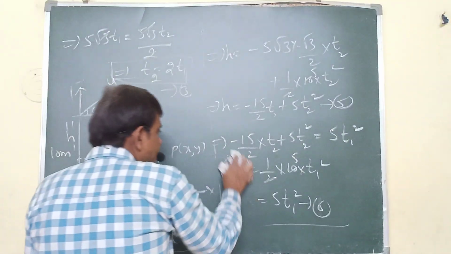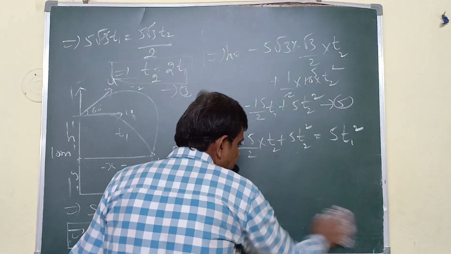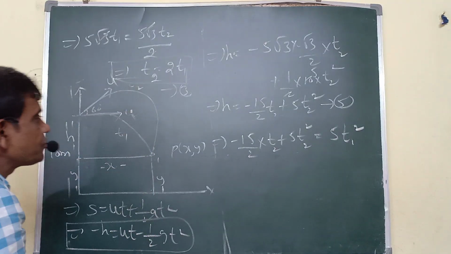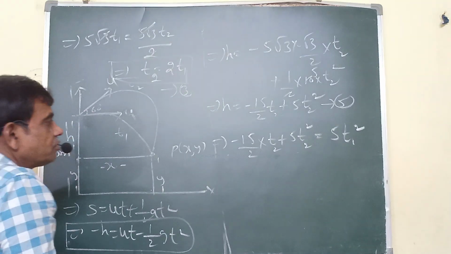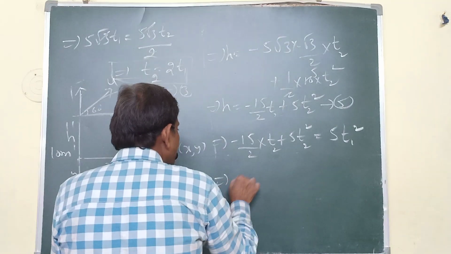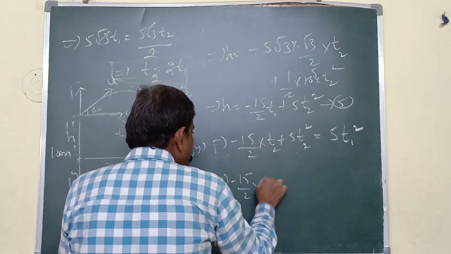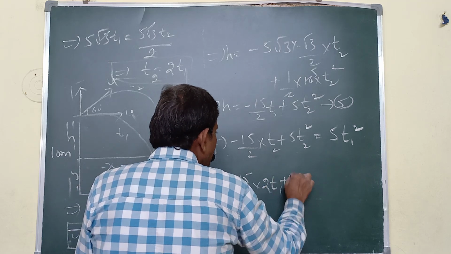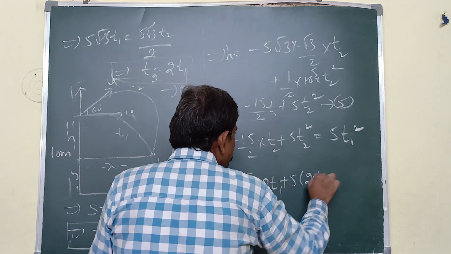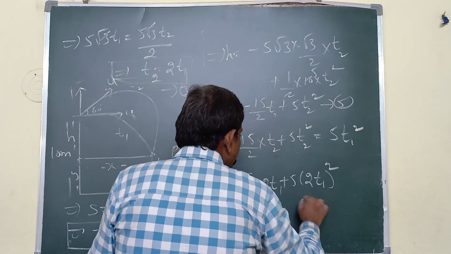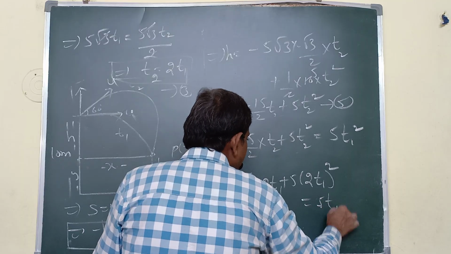That's all. Now what is the relation between T2 and T1? He had given that, T2 equals to 2T1. So you write this here: minus 15 by 2 into 2T1 plus 5 into 2T1 whole square, that equals to 5T1 square.